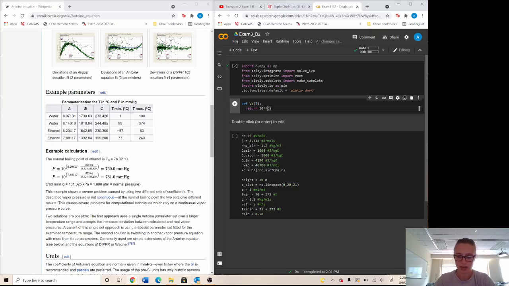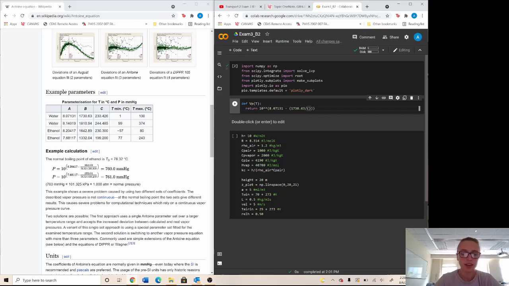So this is 8.07131, and then minus the B value. And for water, we have water between the temperature of 1 and 100 degrees Celsius, so we're going to use these values in the first row of this table. So the B value is 1730.63, and we're going to divide this by the temperature plus the C value.